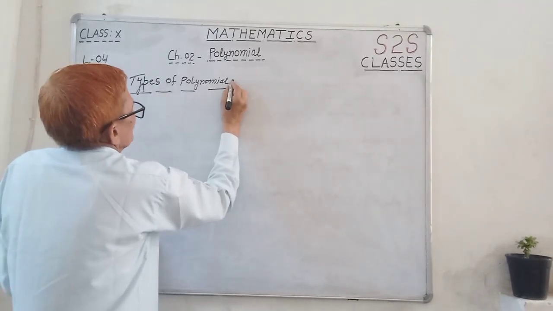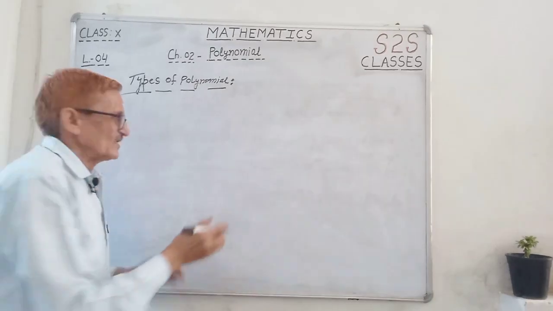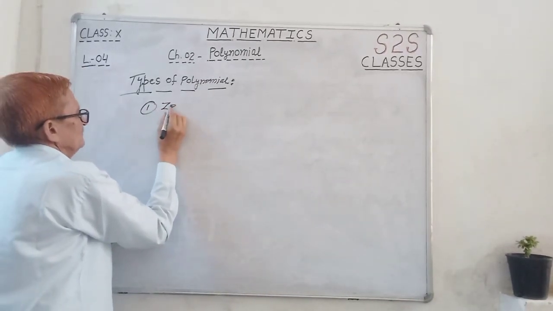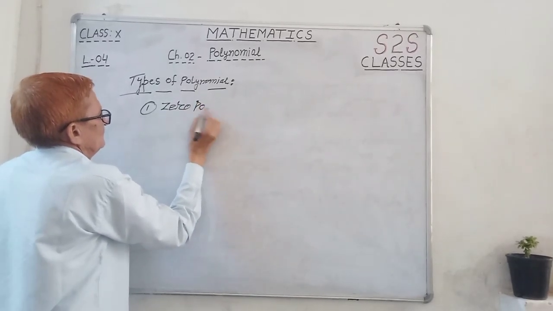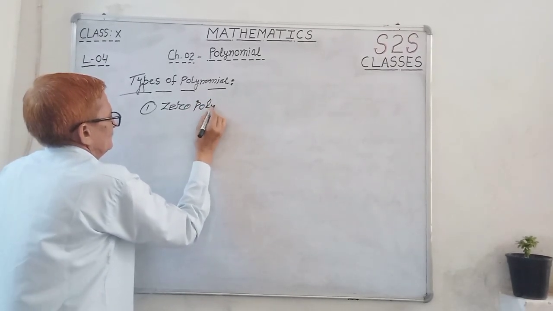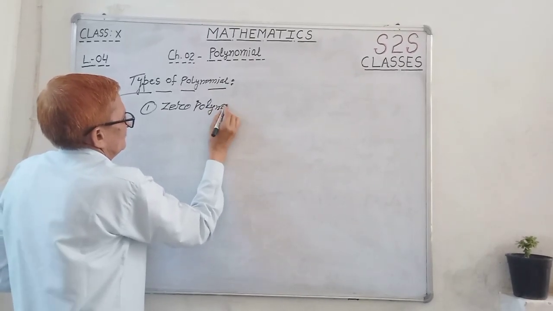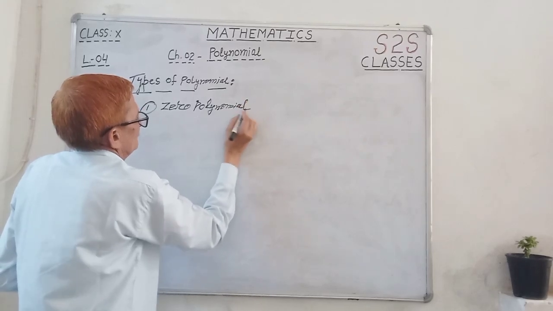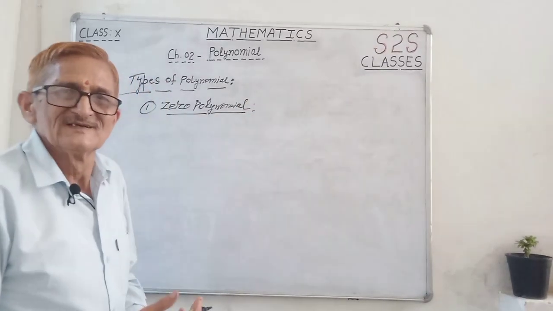Types of polynomial. Now, zero polynomial.